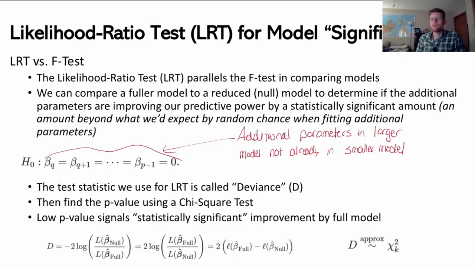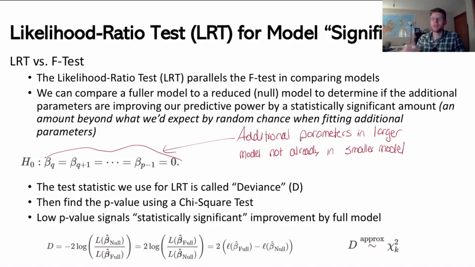So if the null model is just as good as the full model, and the full model just has extraneous predictors being added, then this value right here should follow a chi-square distribution. If the full model is explaining additional predictive power, and the additional predictors actually do something, then it's not going to follow a chi-square distribution.